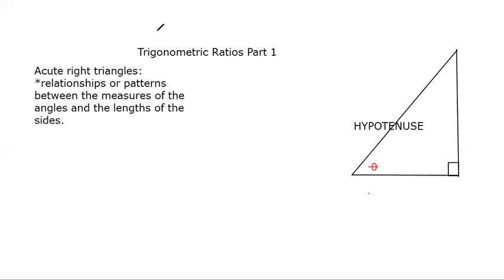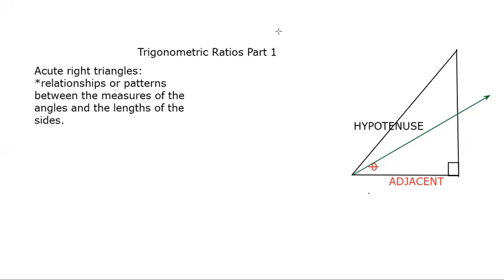In relation to theta, only theta, this is the adjacent side. For some reason, sometimes it's difficult to spot the opposite side. So start at the vertex of theta and draw an arrow all the way. There is your opposite side.